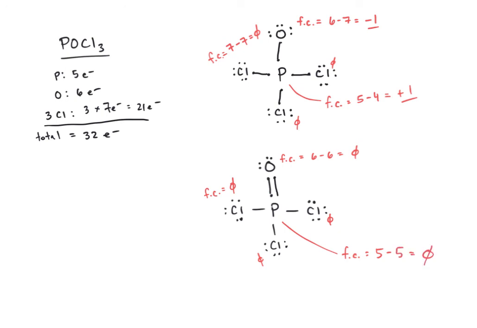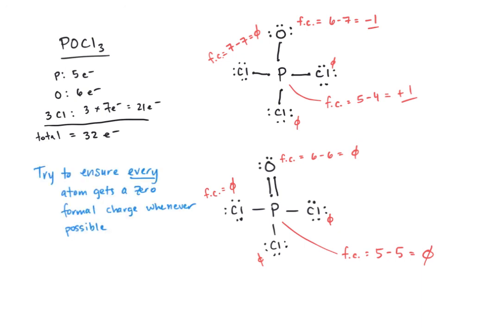In the structure that we draw at the bottom, with a double bond between phosphorus and oxygen, every atom gets 0 formal charge. Our goal when drawing Lewis structures should be to minimize formal charge and give every atom 0 formal charge whenever possible.